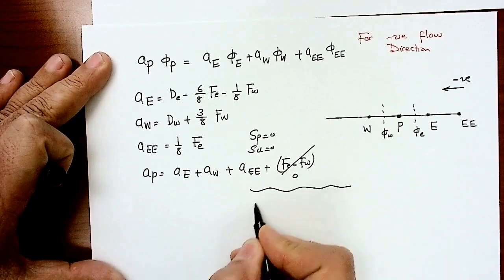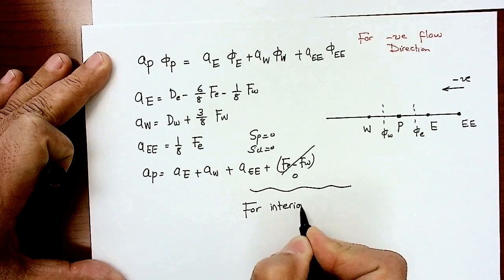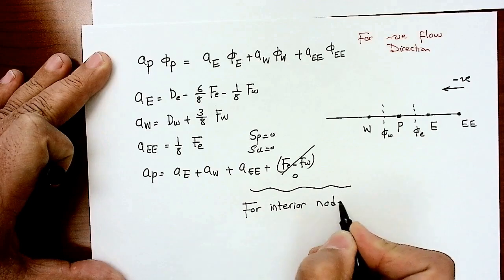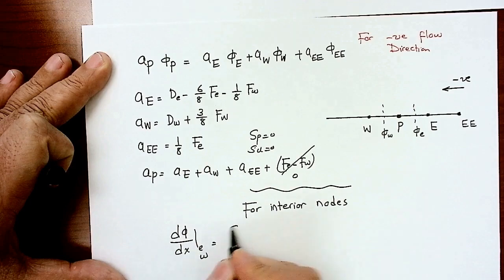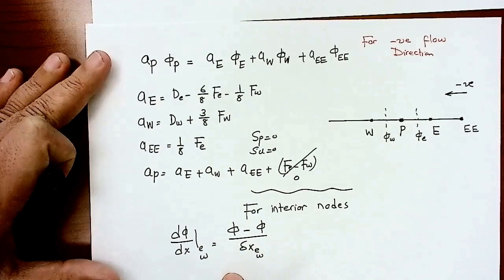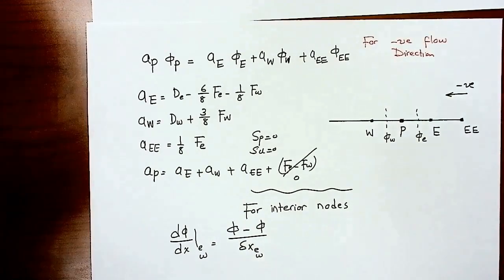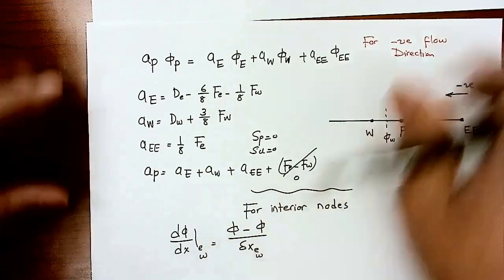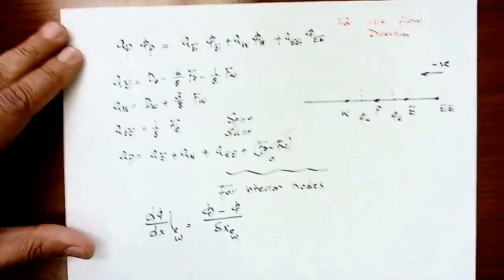For interior nodes, we agreed that for the diffusion term, I can use this approximation: phi minus phi over delta x, either east or west. But we said that this is not going to be valid in the QUICK scheme when the node comes closer to the boundary. So let me explain how you're going to approximate the diffusion term in the QUICK scheme when the point comes close to the boundary.